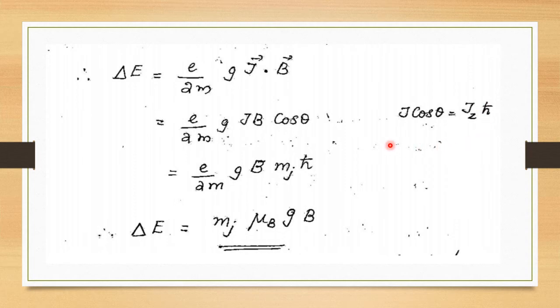Substitute it as Jz, and we get e by 2m g B Mj h bar, since the value of Jz is Mj h bar. So, delta E is equal to Mj mu B g B, where mu B is e h bar by 2m. So, the interaction energy delta E is equal to Mj mu B, which is a constant, and it also depends on another factor, the Landé g factor, g into B.